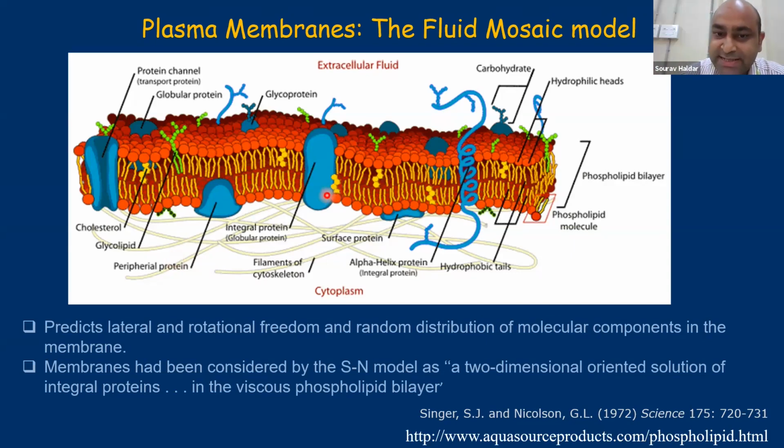So one of the essential features of the fluid mosaic model is the lateral and rotational freedom of lipid molecules, which basically makes the membrane proteins functional, because if the proteins are static, they are not functional, so that means we are dead.